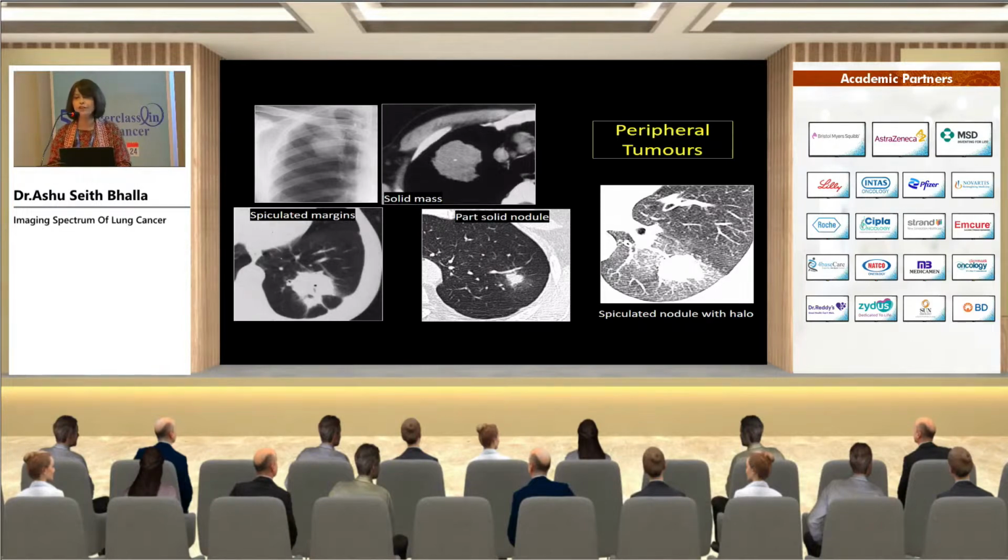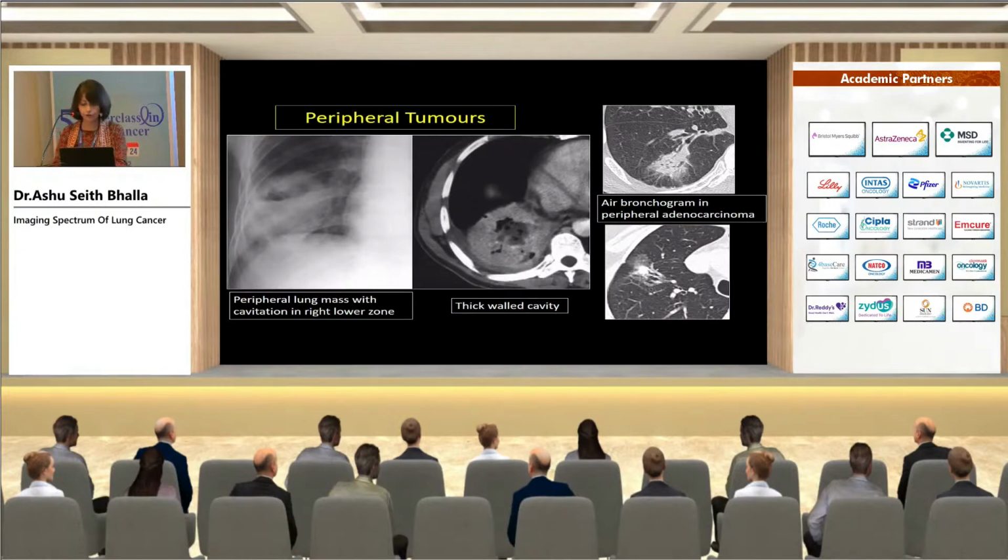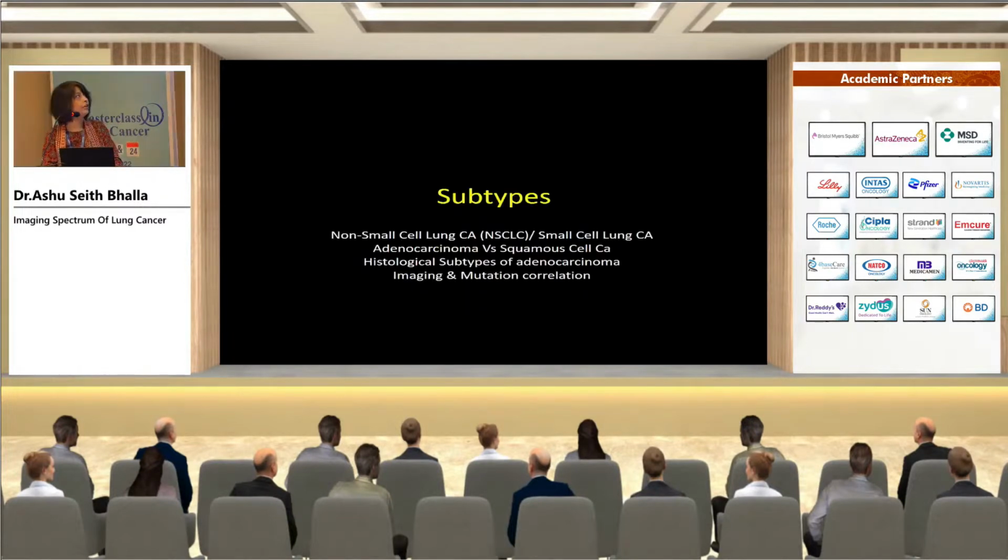There are many features such as pseudo-cavitation signs, bubble sign, etc., which should help make you suspect that this is malignant. This is an example of an air bronchogram, which is otherwise classical of infective consolidation, and a cavitary mass, which are easy to mistake for infection. So these are the classical pictures that we are used to.